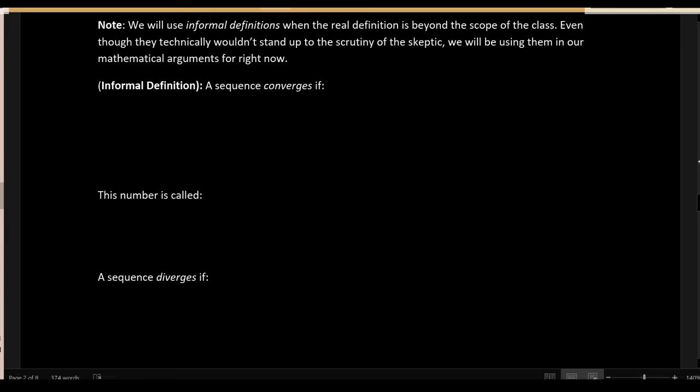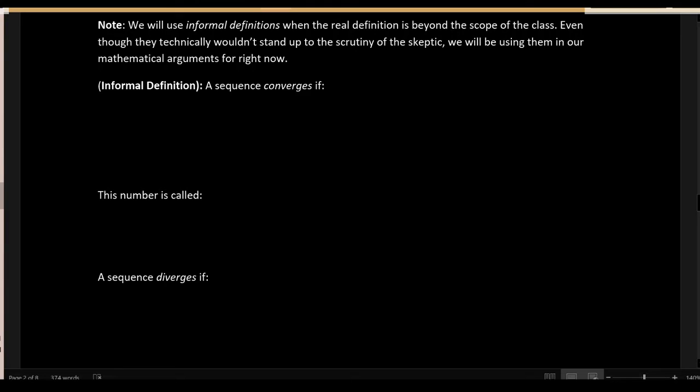And so what I will be giving you right now is an informal definition of the word converge and an informal definition of the word diverge for a sequence. Technically, we would not be able to use these words in an airtight argument that the skeptic would be unable to argue with, but they're going to have to do for right now, just because the formal definition, the real definition, is beyond the scope of the class.